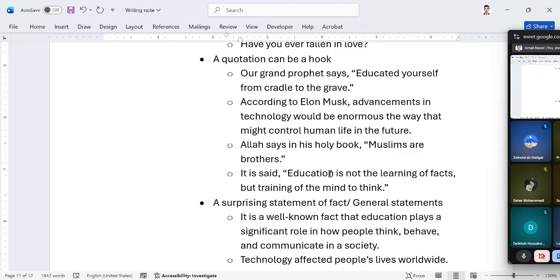Do you know who said that? It is neutral language. We can use "it is said" or "it is being said," but the person who said it is not specific. At this time, yes, we can have this kind of quotation.